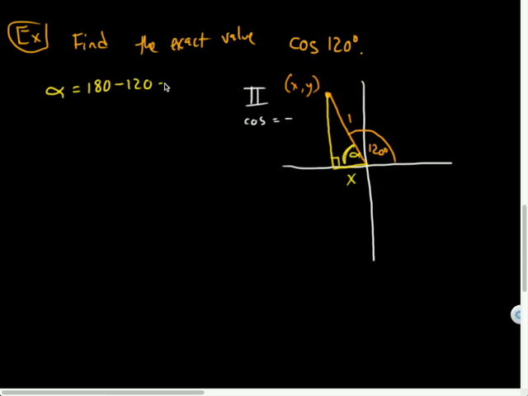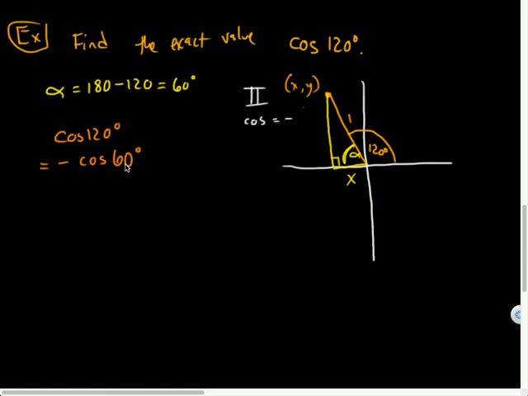And I find out that that's a 60-degree angle. So cosine of 120 degrees equals negative cosine of 60 degrees.